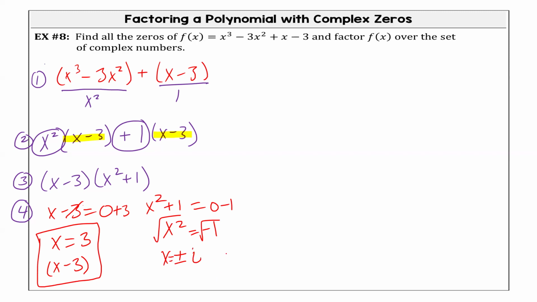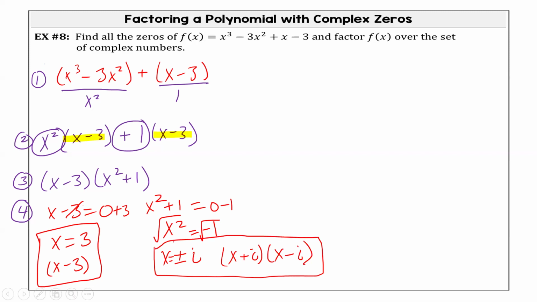So x equals plus or minus i, which means my factors are x plus i and x minus i. So putting it all together, we have our zeros and we have our factors.